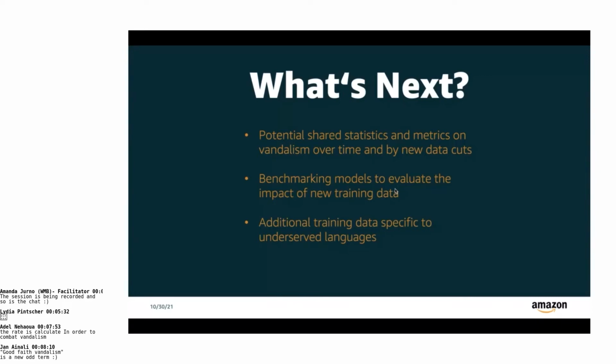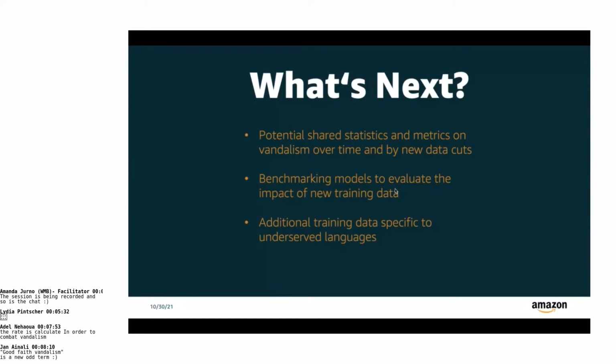We want to do this to benchmark models, to evaluate the impact of new training data, and, if we're hosting different models, to see what the best distributions of training data look like and what a normal distribution looks like.